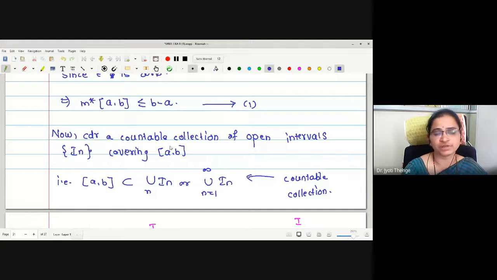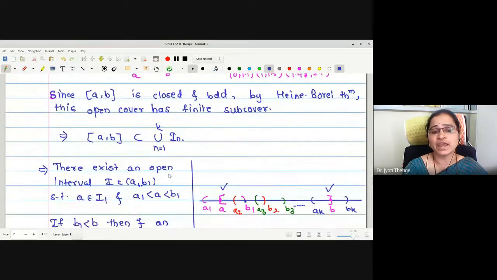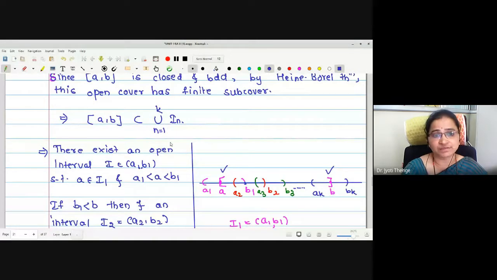Now we want to prove the reverse part of the inequality. For this, for every countable collection of open intervals, we have found a finite open subcover by the Heine-Borel theorem.